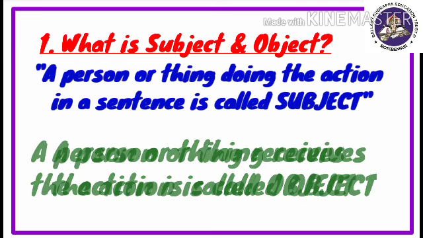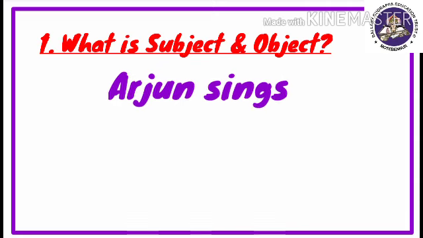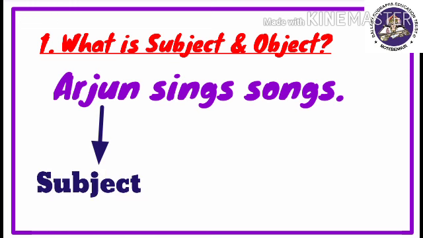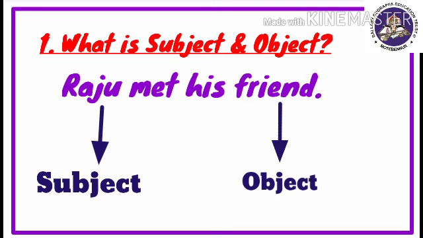For example, Arjun sings songs. So here the doer of the action, that is Arjun, is subject and the receiver of the action, that is songs, is object. Raju met his friend. So here Raju is subject, his friend is object.